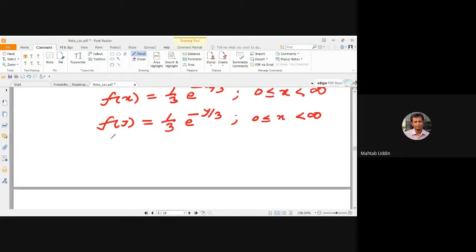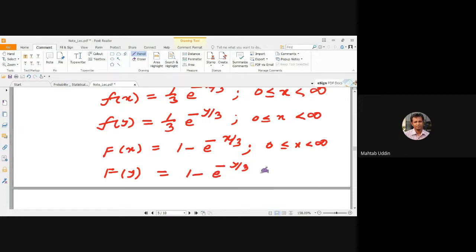Then we know the capital F(x), definitely you know. Not a small one, it should be capital. The CDF, we know, is 1 minus e to the power minus x by 3. Am I right? No need for calculation because we know this. Then F(y) is 1 minus e to the power minus y by 3 for 0 less than or equal to y. You can see I am always writing the intervals.